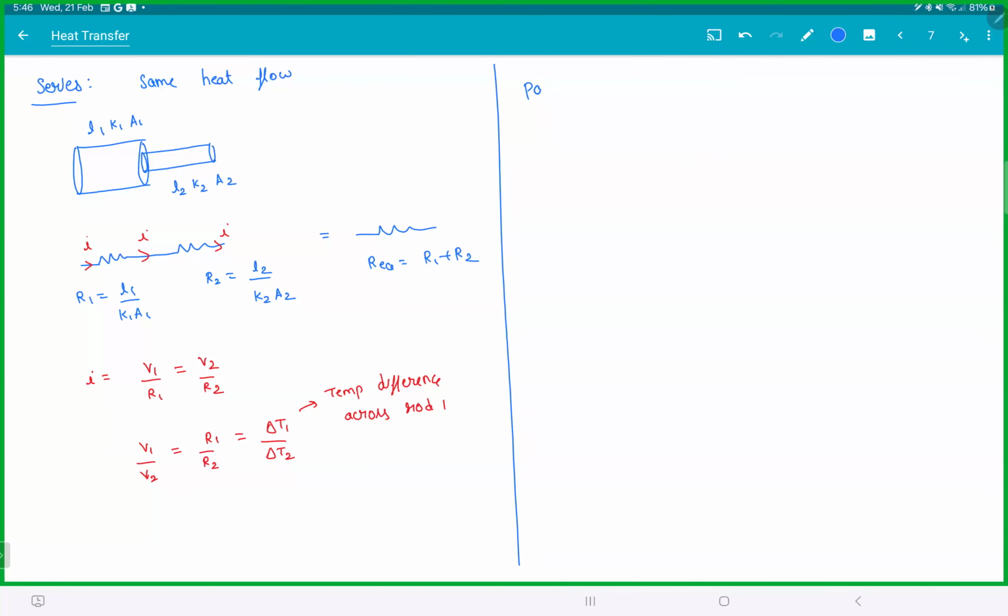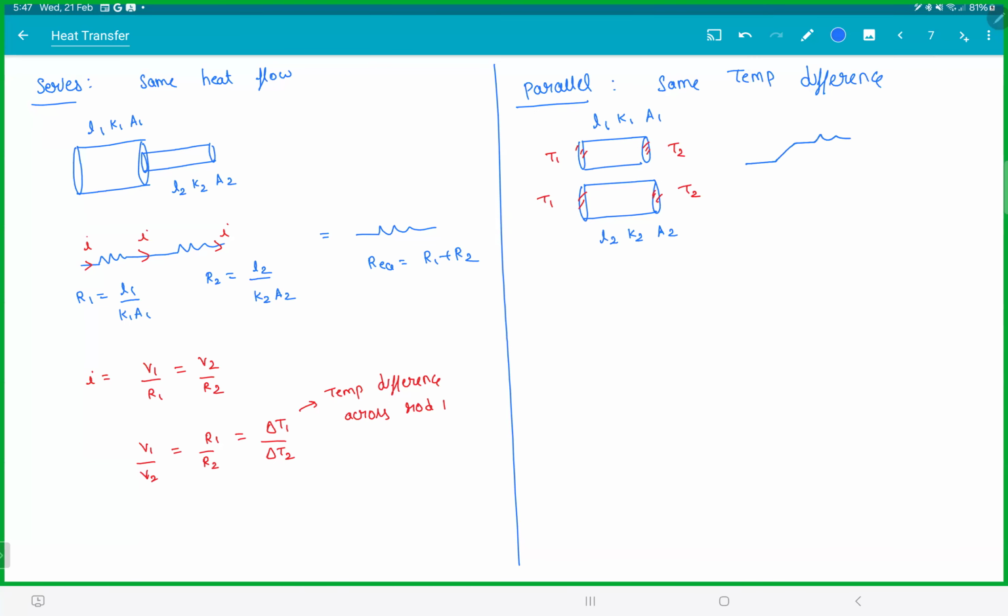When you say they're in parallel, you should have the same potential difference. Here you should have the same temperature difference. So with L1, K1, A1 and L2, K2, A2, let's say we have the same temperature here and the same temperature here.